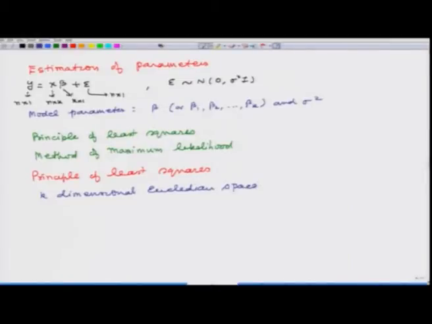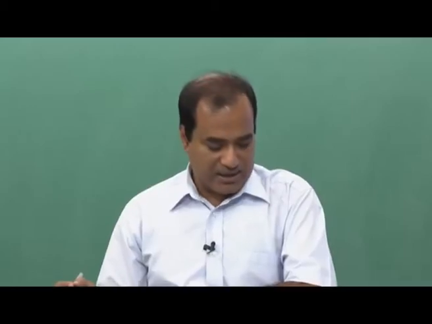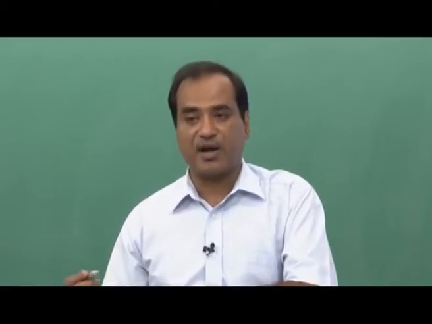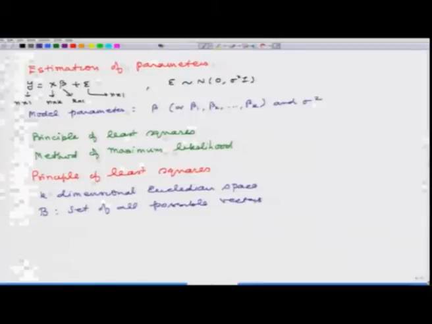Let us define capital B as the set of all possible vectors in this k dimensional Euclidean space. So, now our objective is that we want to find the value of the parameter vector beta such that the sum of squares of random error is minimized over this entire space, right.